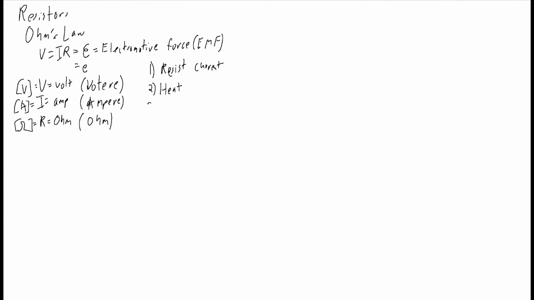So if you see a resistor, more often than not, it's doing something else. More often than not, it is doing either current regulation, when you see it in its proper context, or voltage regulation.